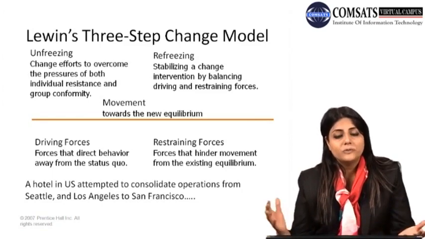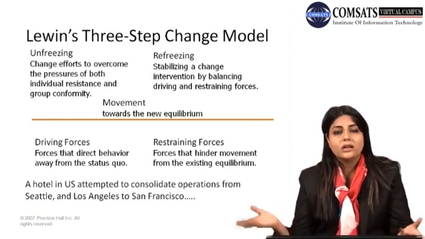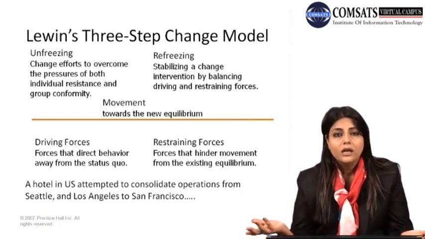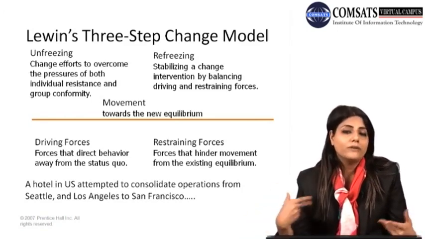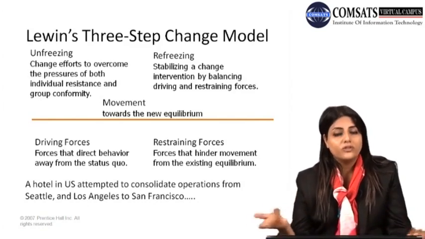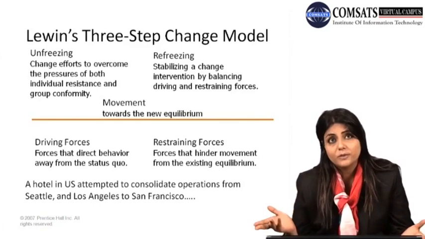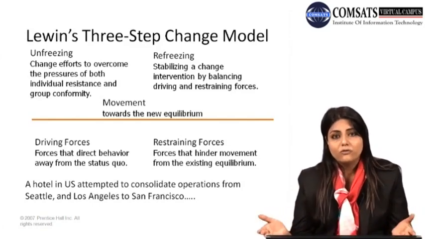And their relationships with their co-workers and managers, their own houses in those cities, how they would have to sell those houses and relocate, the adjustment problems of their children, and their own adjustment problems. These are all the restraining forces.